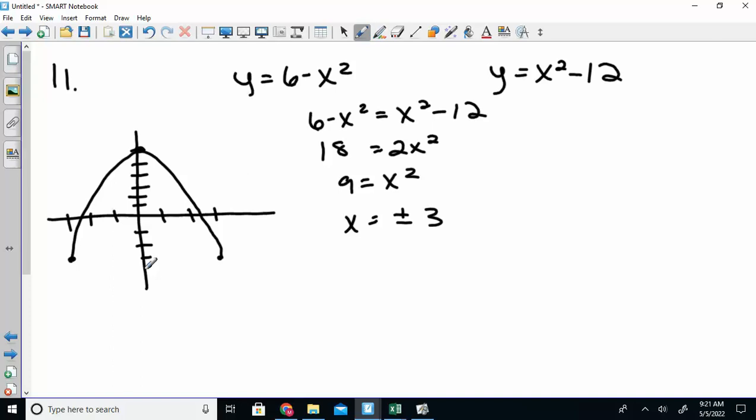If you weren't sure, if you put in another point on that one, you would get negative 12. Your graph doesn't have to be perfect, just showing the general shape and those intersections. So where am I going to start and stop?